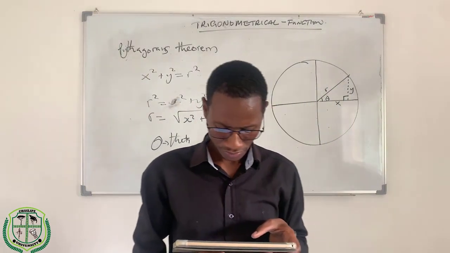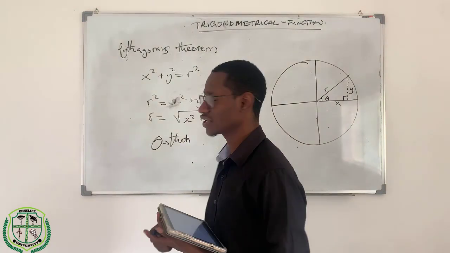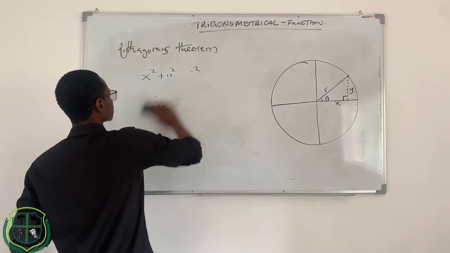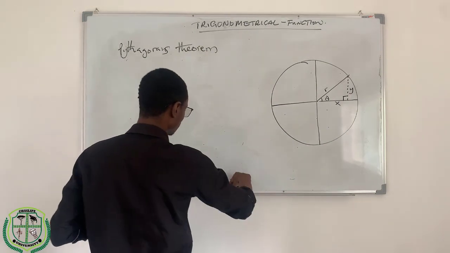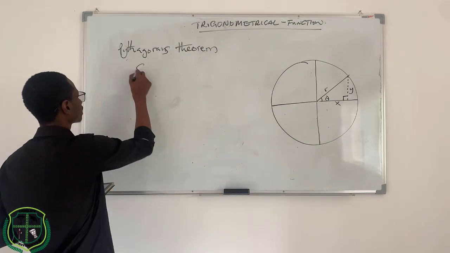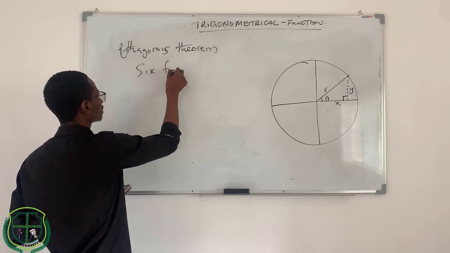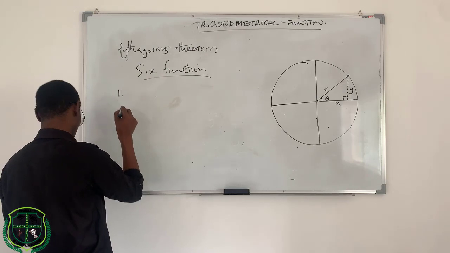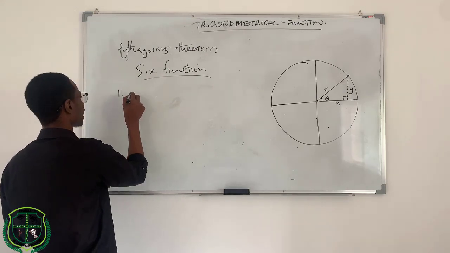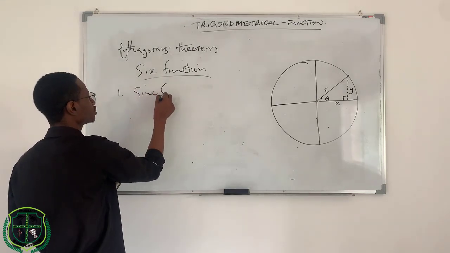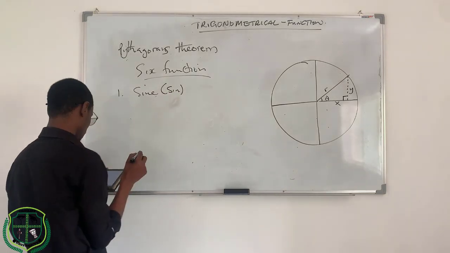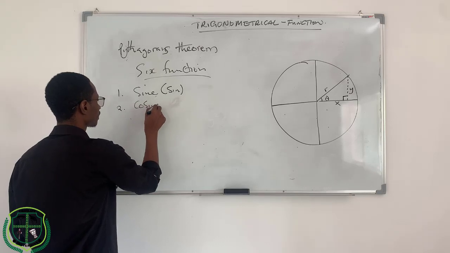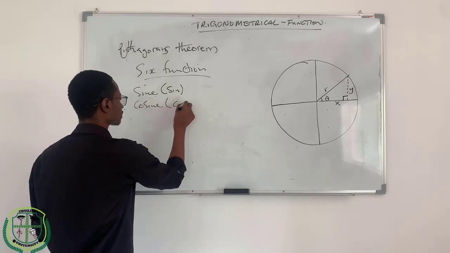Now, the six functions that we talked about, what are they? You have, first, sine, which is written as sin. Then the second one is cosine, written as cos.